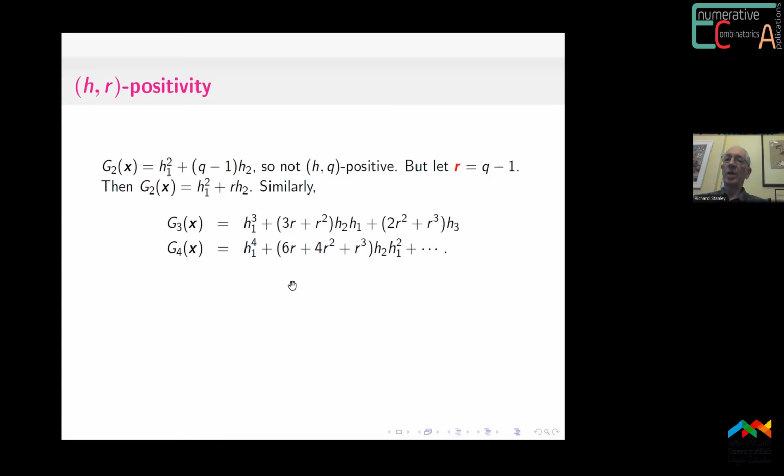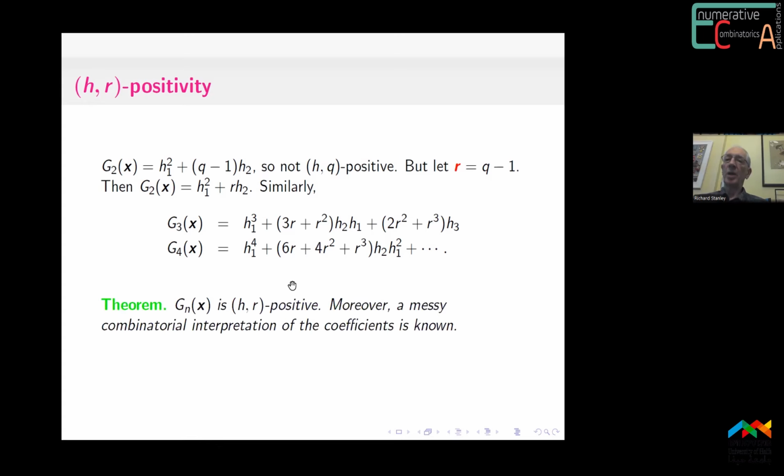Conjecturally. I said a messy combinatorial interpretation of the coefficients is known. Oh yeah, that is true. It's not a conjecture. We do have h-r positivity with these symmetric functions g_n(x), and we know an interpretation of the coefficients. We're expanding it in terms of powers of q minus 1, not q.